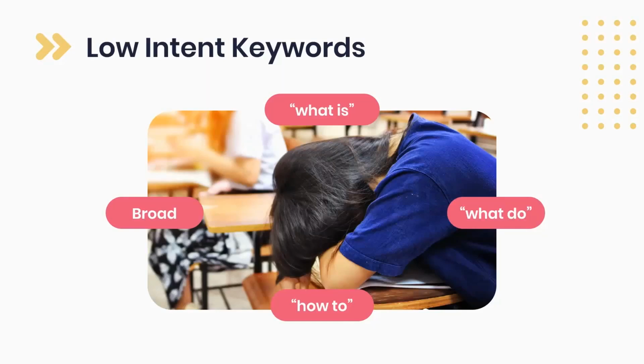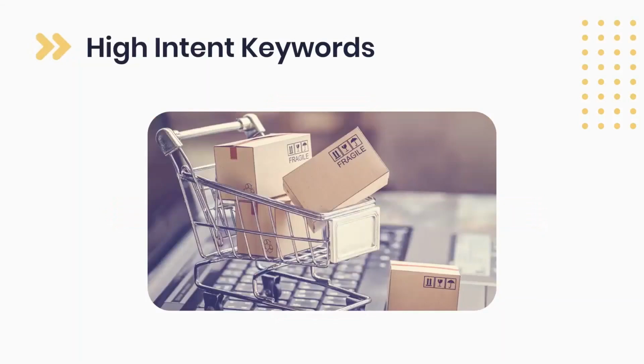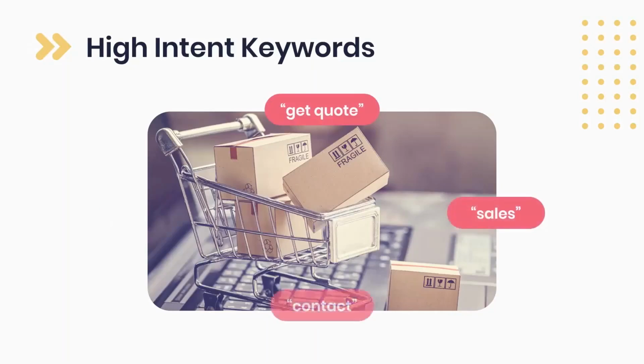These terms are what is called navigational or informational queries. Then high-intent keywords typically include terms like get a quote, a sale or sales, contact or contact details, buy a book, free delivery, etc. And very specific searches like a 3-seater black suede Madison couch. That is super specific.